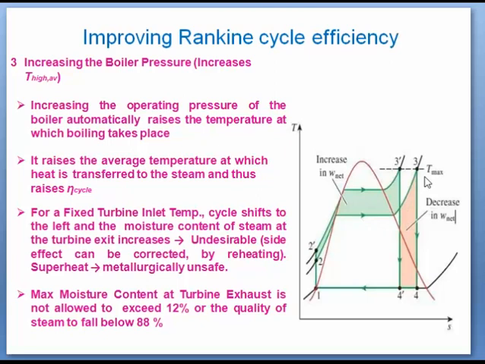You can see from this figure. This is the earlier boiler pressure where it was going like this from point 3, again it was expanded in the turbine. So this point 4 is nearer to the dry saturated steam condition.